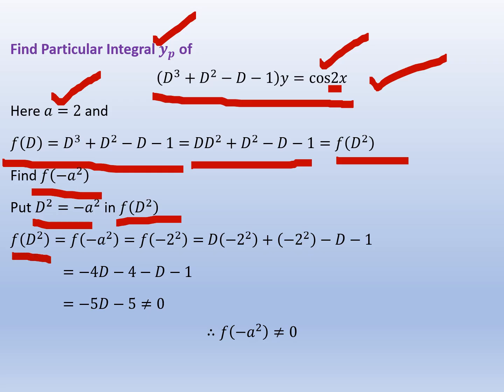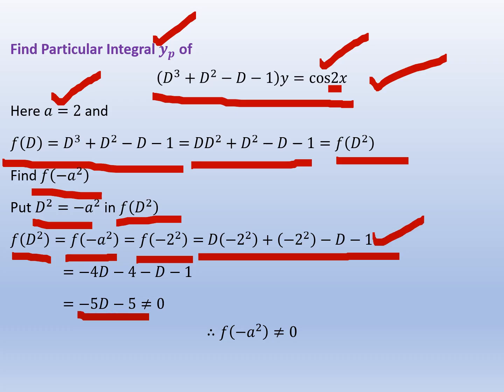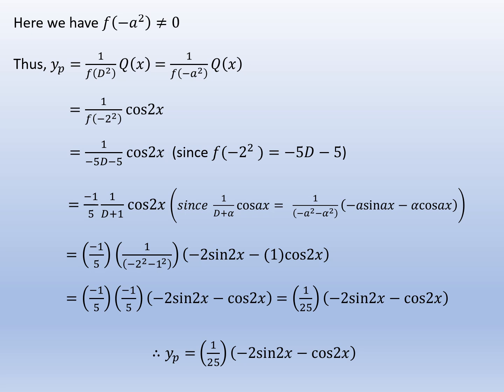We get f of minus a square, which is equal to f of minus 2 square, which equals d into minus 2 square plus minus 2 square minus d minus 1. Solving this expression, we get minus 5d minus 5, which is not equal to 0. Therefore, we have f of minus a square not equal to 0. Here we have the case f of minus a square not equal to 0.